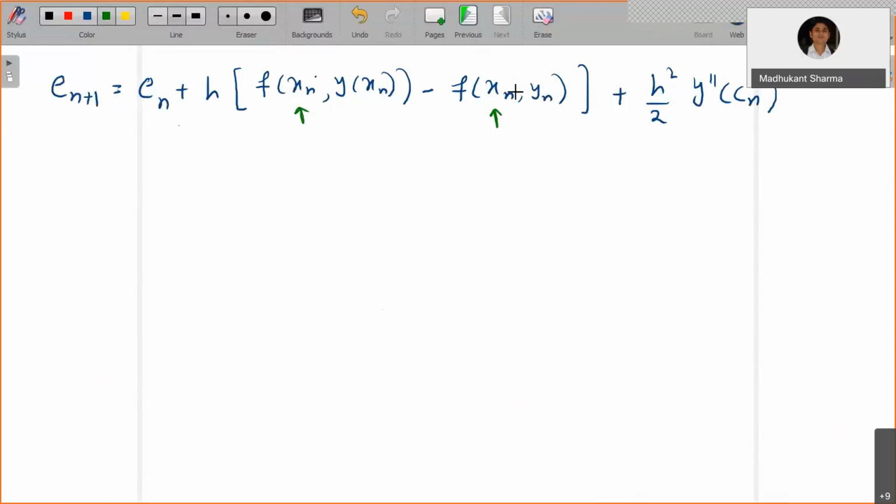So you can apply the mean value theorem in differential calculus.